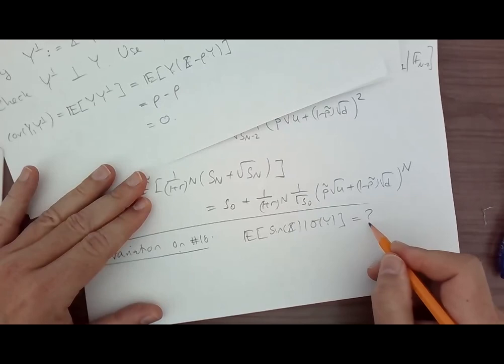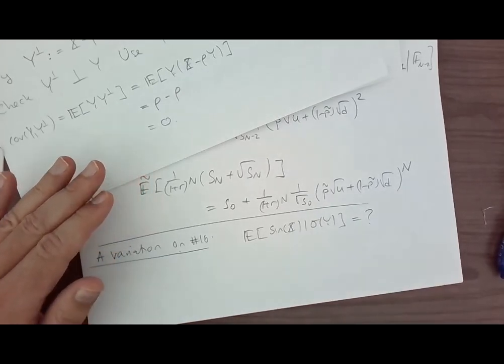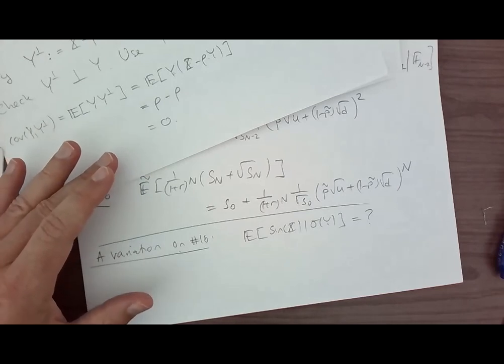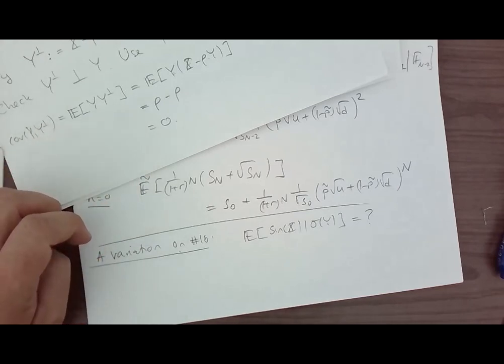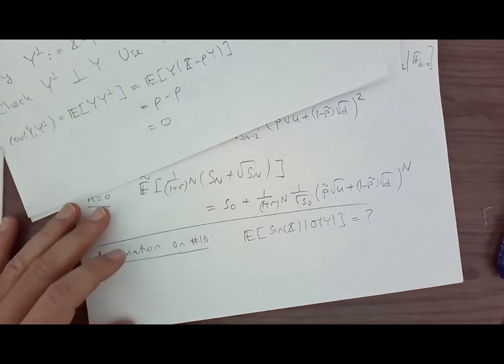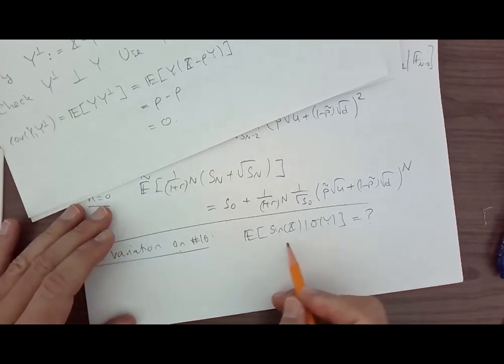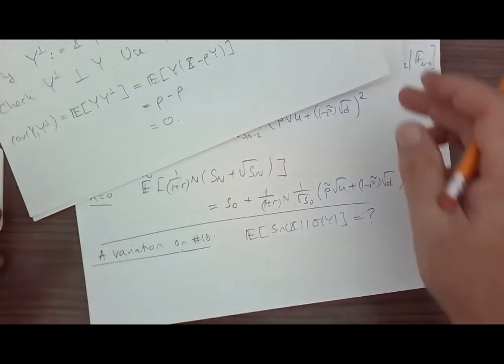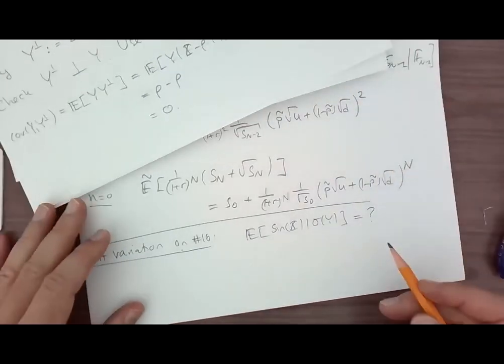What is that equal to? Or you can put in your own favorite function here. It doesn't have to be sine, tan, cosine, whatever you want to put in there. How would you compute this?